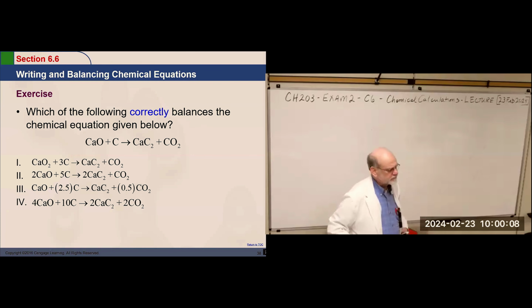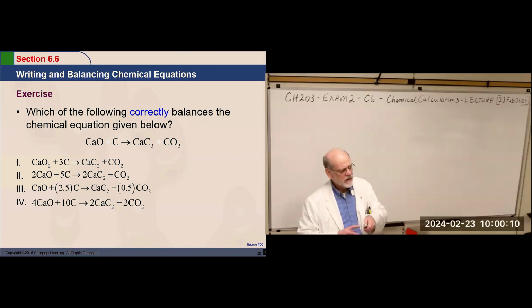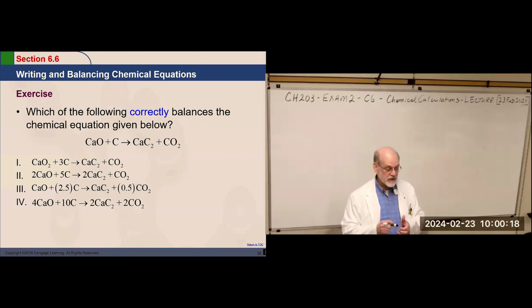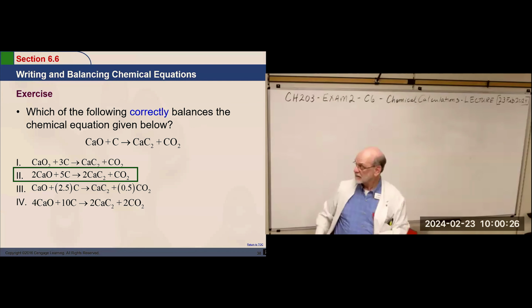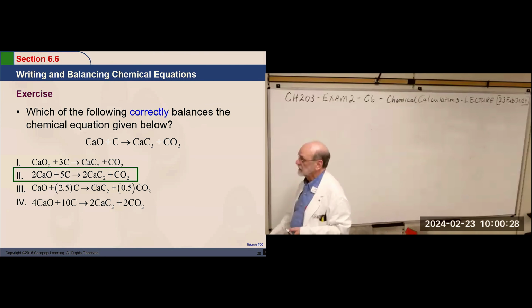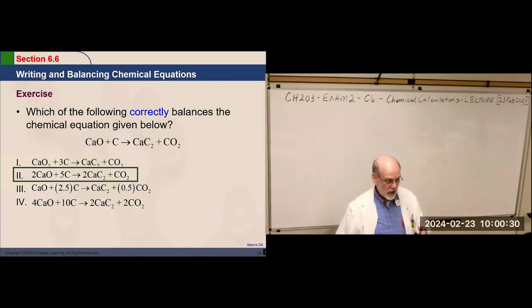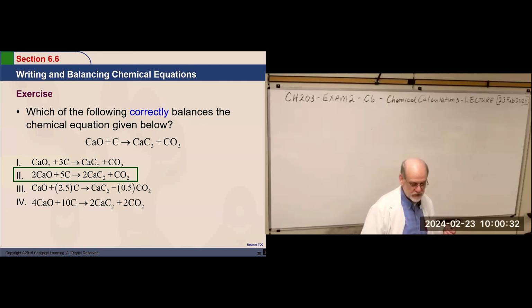And the other rule is what we try to do is balance with the smallest whole number ratio of coefficients. So while the ratio is established at balancing with, in this case, 2, 5, 2, and 1 as your coefficients, you could double those and say 4, 10, 4, and 2.